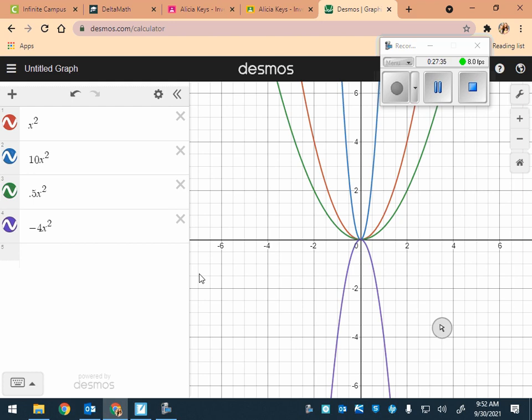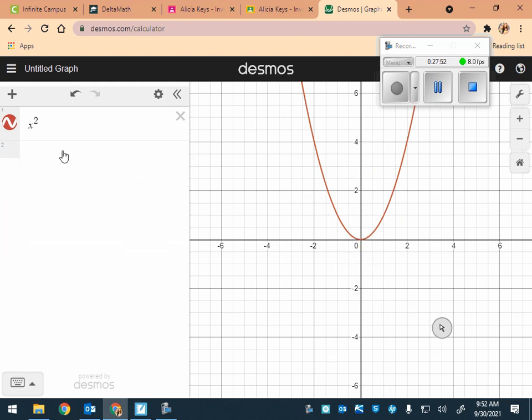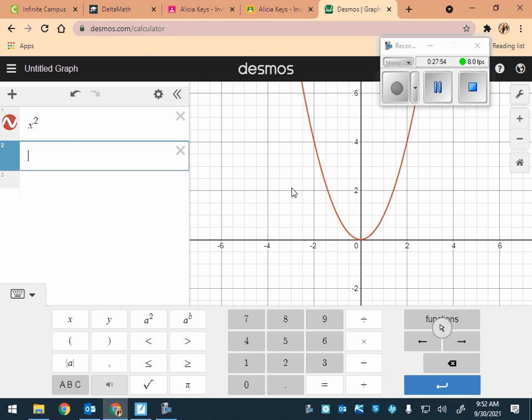Okay. So now, we're going to see what happens with the h value. So you could leave your parent function. I'm going to go ahead and delete these guys. Now, you're not putting an a value.